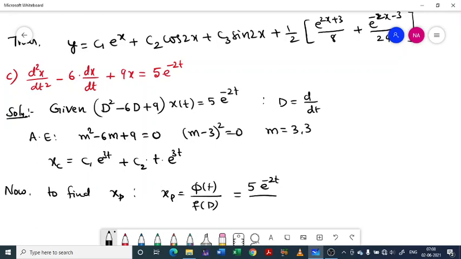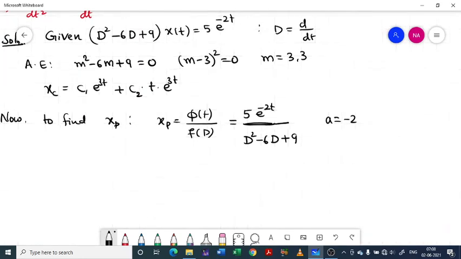F of d is d square minus 6d plus 9. Here a is minus 2, which is not a root of the auxiliary equation. So you can just directly replace d by a. So changing d to minus 2, we will get xp to be 5 e power minus 2t divided by 25. So xp is e power minus 2t divided by 5.